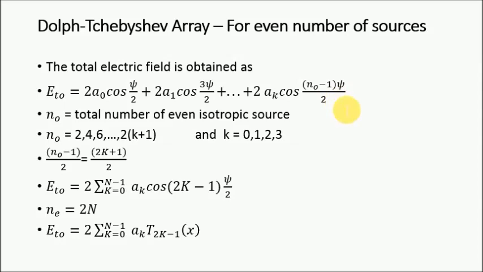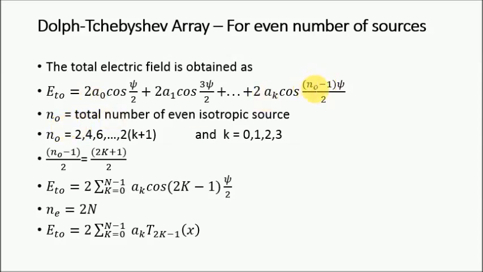Now you observe one more thing: it is always a multiple of 2, because we have the leading and lagging parts, and because of the leading and lagging exponential parts, we can replace them with 2 cos theta, because e raised to j theta plus e raised to minus j theta is equal to 2 cos theta.